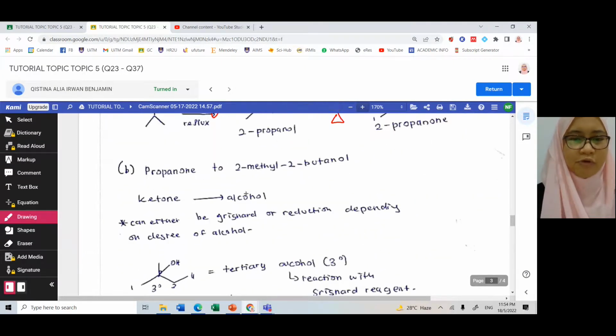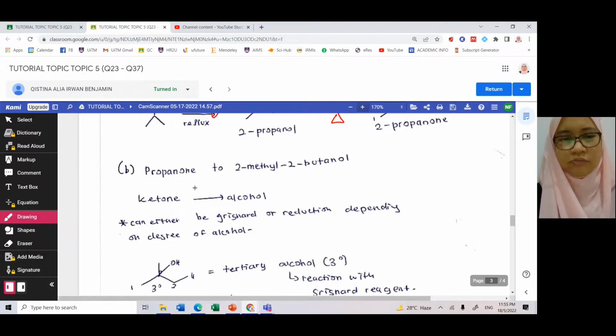Right. Okay, B, propanone to 2-methyl-2-butanol. Okay, all right. So from ketone, we want to convert into alcohol. Like I said just now, ketone can be produced from secondary alcohol. When you try to draw 2-methyl-2-butanol, how would it look like?